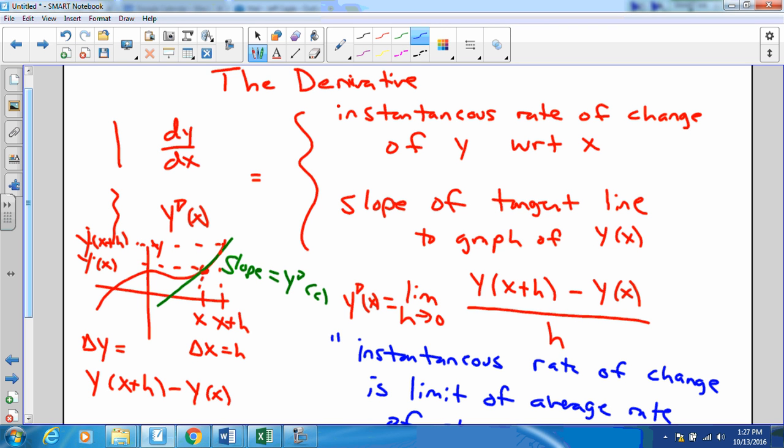Very good. Yes? Do you have a special condition for when we're going to write either this one or that one? You know, I've been doing calculus for a long time, and I would probably say that I use the top notation about 50% of the time and the bottom notation about 50% of the time.